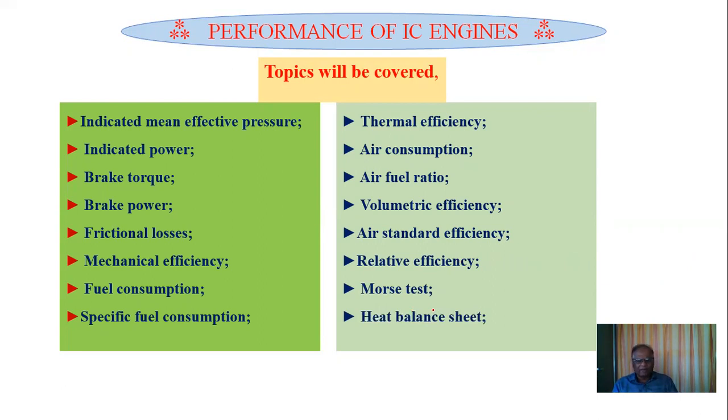Lastly, the heat balance sheet, the heat expenditure sheet, is developed. How much heat is developed, how much is expended towards useful work, how much is carried away by the cooling water, how much escapes through the exhaust gas, and how much heat is unaccounted for. This is the summary, or bird's-eye view, regarding the performance of the IC engine.